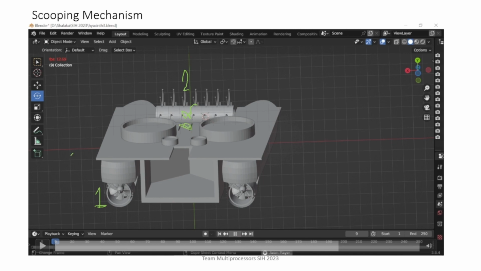Then as the boat moves in this direction and the scooping mechanism works in this direction, the water hyacinth residue collected would be pushed on into the crushing mechanism. So this is the crushing mechanism. Here the crushed slurry of the water hyacinth would be then collected in this deposition box.